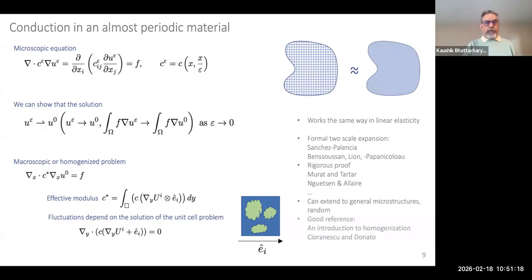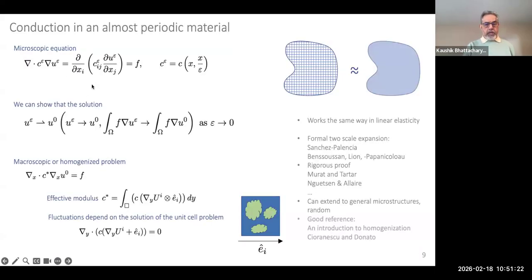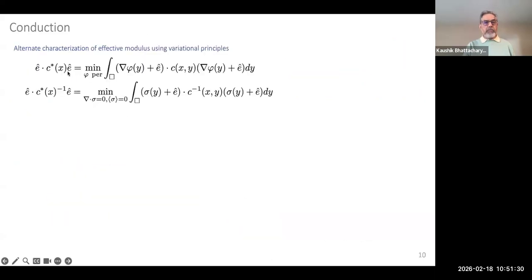There's another way of trying to characterize this. There's an equivalent way. I characterized this by solving the differential equation on the unit cell, but you could have also characterized this by a variational principle.